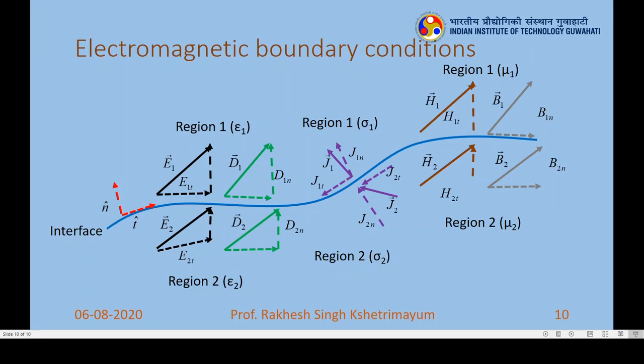The tangential component of the magnetic field was discontinuous, and the amount of discontinuity is equal to the surface current density flowing at the boundary or interface. But the normal component of the magnetic flux density is continuous. That means B1n is equal to B2n.